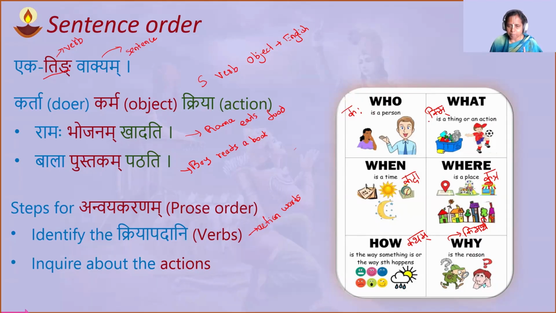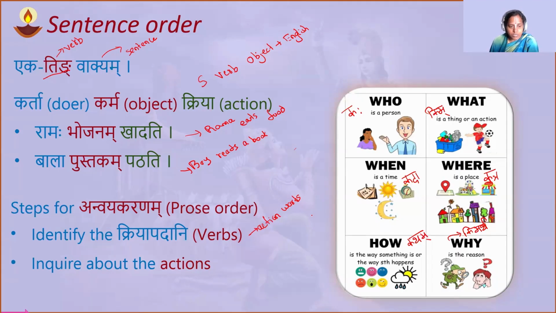Ramaha bhojanam sayankale, which means evening time. Gruhe, in the house. Hastena, with the hand. Bubukshashamanartham, to clear his hunger, khadati. You understood, right? These are all questions related to an action.